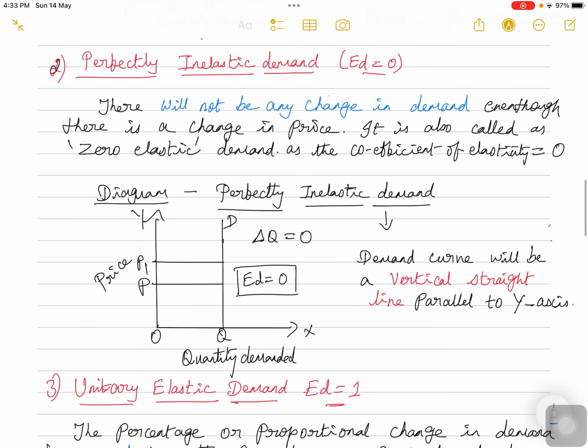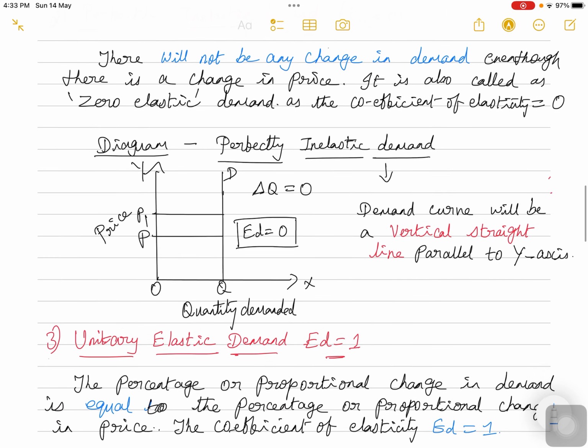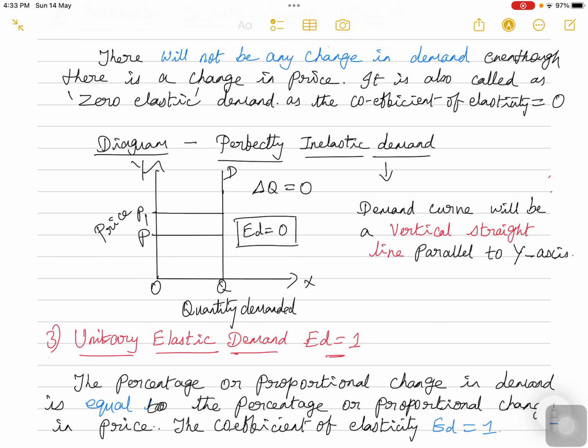Here there will not be any change in demand even though there is a change in price. So it is also called the zero elastic demand, as the coefficient of elasticity is equal to 0. If you observe the diagram, you can find that the demand remains constant at OQ. The price keeps changing, P1, P2, P3, whatever it might be, the demand will remain constant at OQ.